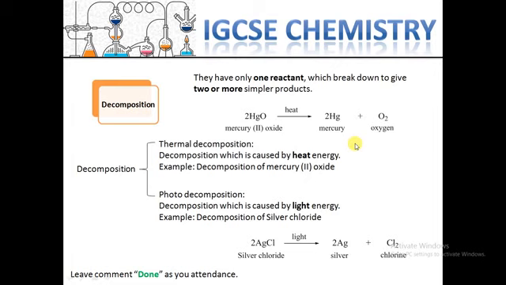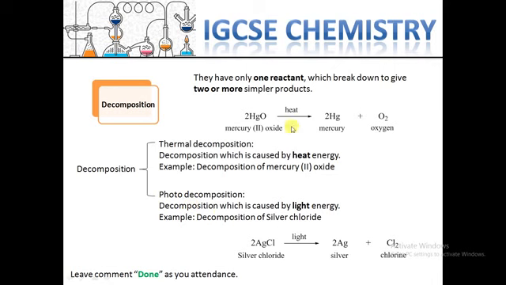Decomposition can also be divided into two groups: thermal decomposition and photodecomposition. Thermal decomposition is caused by heat energy. When you give heat to the reactant, it breaks down into two or more products.